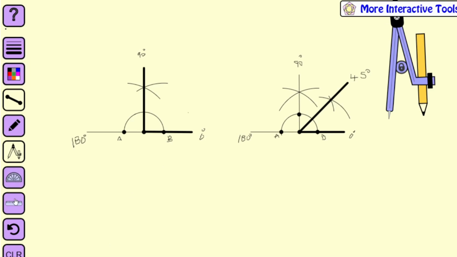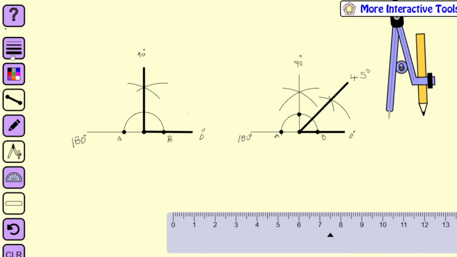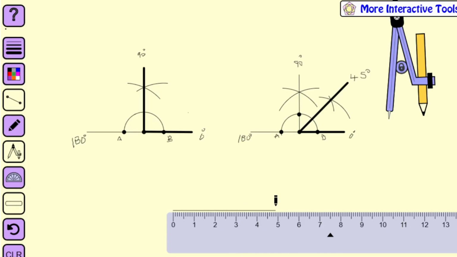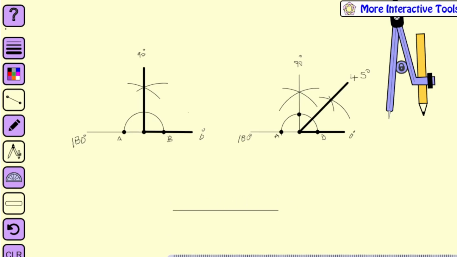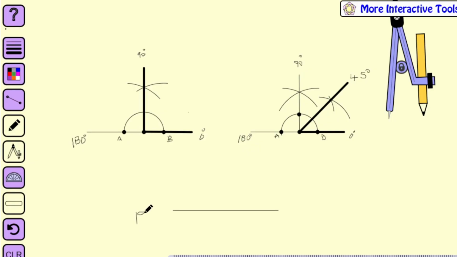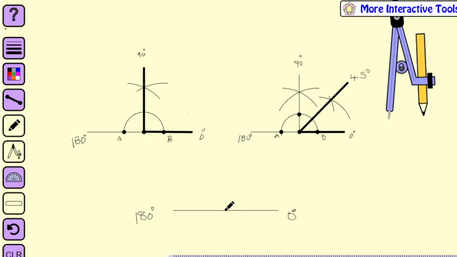All right, let's do that at the bottom here. So first things first, we're going to draw our line 5 centimeters unless told otherwise. If you want to use 6 or 4, that's up to you. If the question did not give you a specific length, remember we always estimate. Establish our vertex.